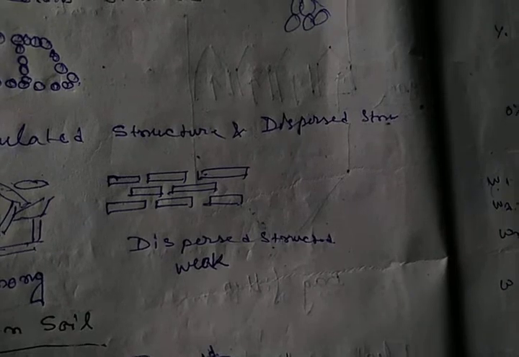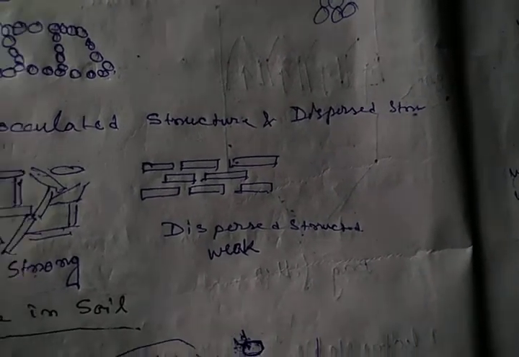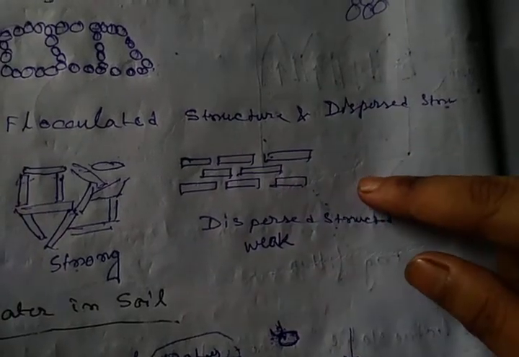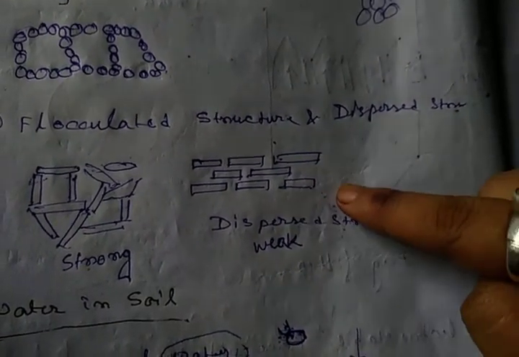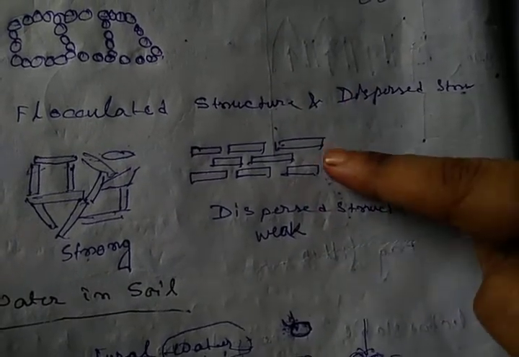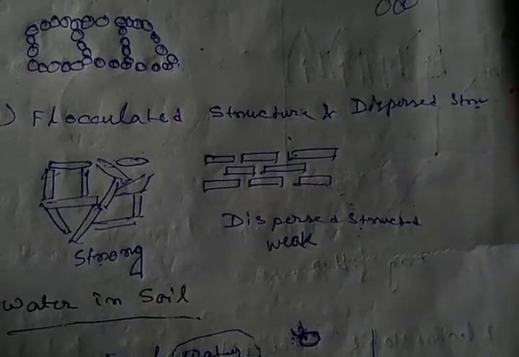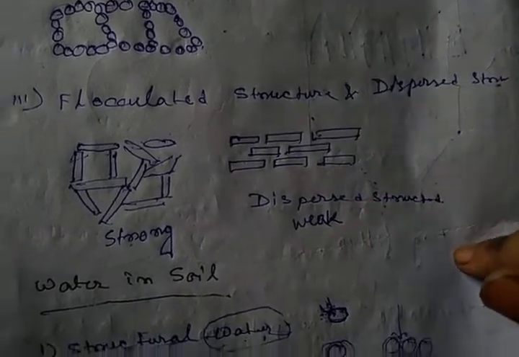They cannot flocculate. They are put in a very beautiful form, like this. And this is a very weak bond structure, a weak structure. This cannot take heavy load. This is called a dispersed structure.